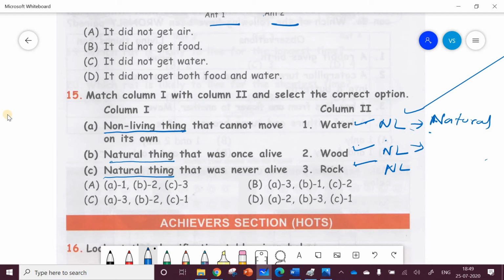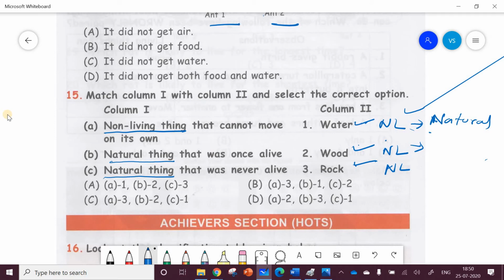Wood comes from what? Where does the paper wood come from? From a tree. So it is not growing somewhere. Wood is a natural thing, but it is what?